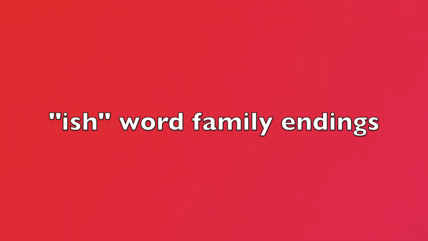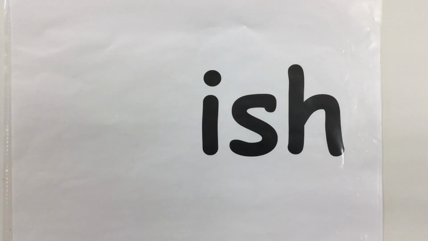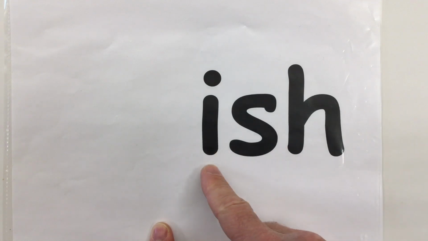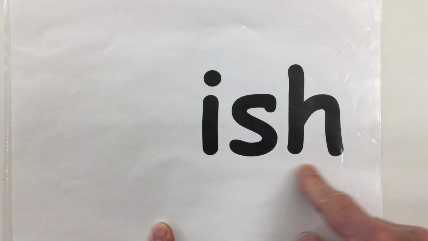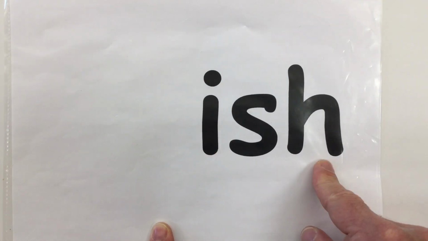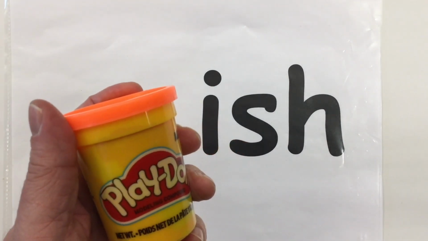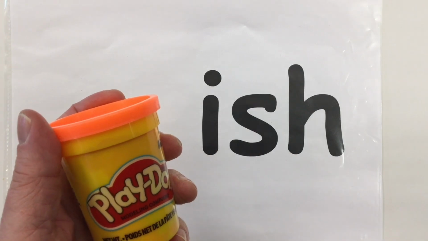Ish word family endings. This is the spelling word family ISH, which makes the word family ending ish. Got my Play-Doh. Let's cover the letters and get started.